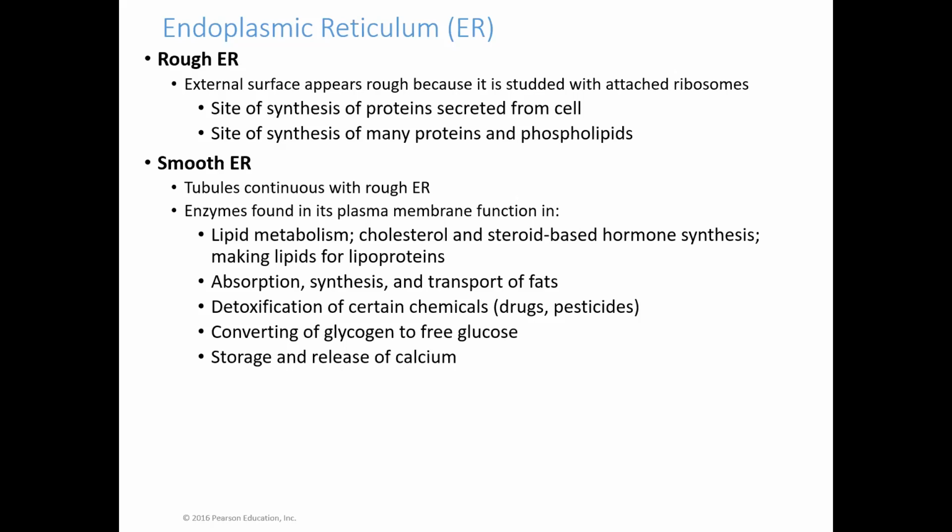And from there, everything passes through the simple columnar cells into our blood, and from there directly into the liver. And before it can go into circulation anywhere in our bodies, it has to go through the liver and be cleaned up. The smooth endoplasmic reticulum in the liver cells will break down chemicals.